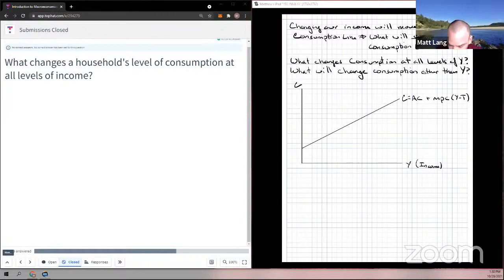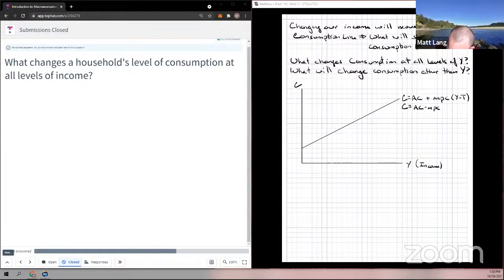So what I want to do here is note that I'm going to write this a couple different ways. It's not meant to confuse you, but just to be holistic. Because our taxes are fixed, we can think about the slope as MPC times 1.